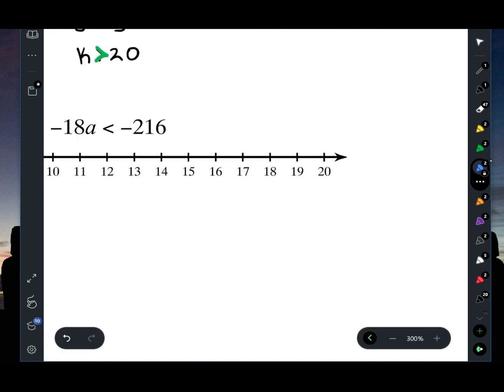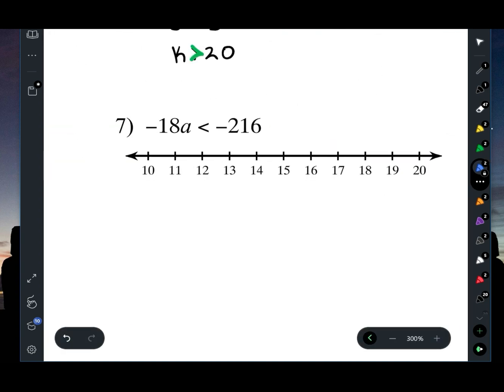Now, what about this flipping stuff? So in this scenario, negative 18 times a is less than negative 216. Here is where our flip comes into play. When you divide by that negative 18, you just need to change the direction of the inequality.